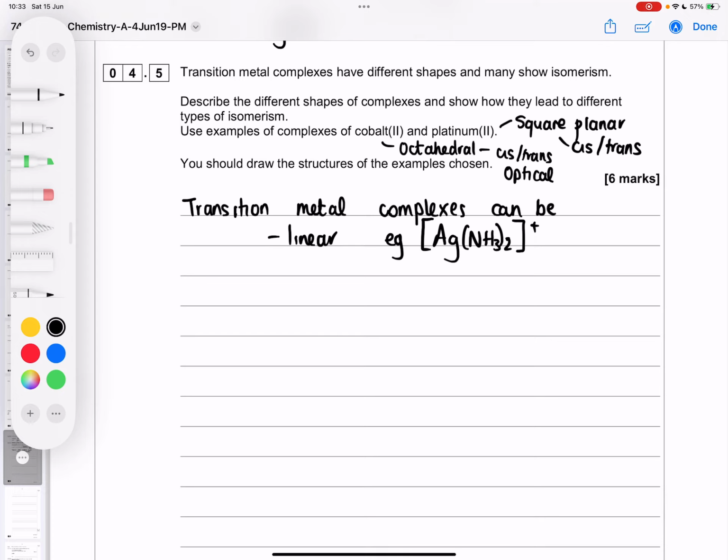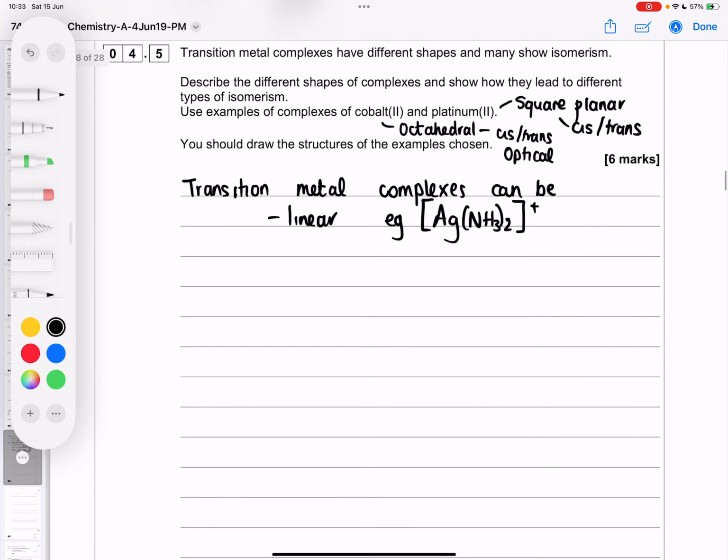So we're not going to have to say much more about that because it's not something of cobalt or platinum. Tetrahedral, we could do one of cobalt for that, CoCl4, anything with the chloride ions. And if it was cobalt 2+, it would be CoCl4 2- with 4 chloride ligands. That would be tetrahedral. That doesn't have isomerism, so that's the end of that part.